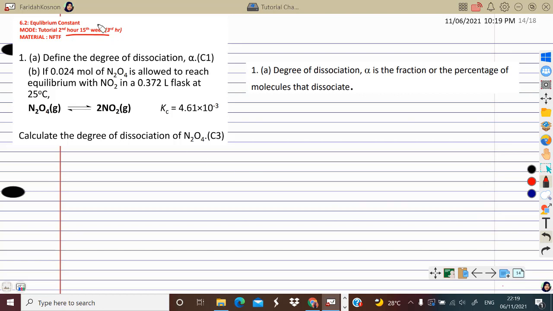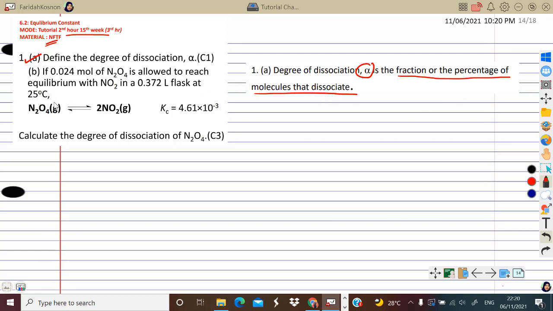Alright. Okay, so please refer to the non-face-to-face question. The first question, 1A, define the degree of dissociation. Degree of dissociation, or alpha, is the fraction or the percentage of molecules that dissociate. Okay, so dalam erti kata paling mudah, degree of dissociation or alpha adalah pecahan ataupun kalau kita convert kepada percentage of molecules that dissociate.